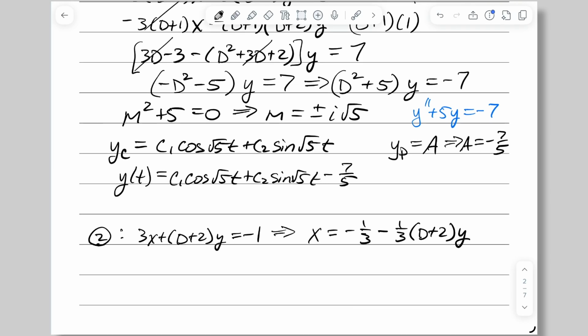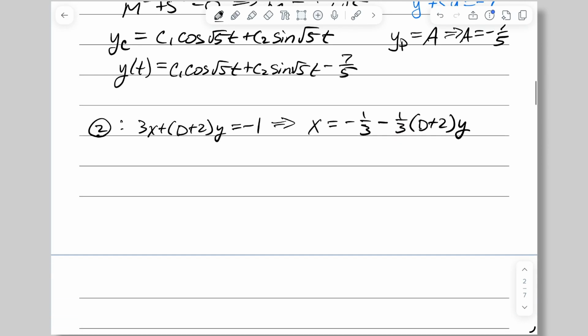We have what y is, and this -1/3 (D + 2) acting on y would be the derivative of y plus 2 times y, all multiplied by -1/3. This is going to be a little tedious, but -1/3 dy, so I'm going to differentiate y and at the same time multiply by -1/3, is equal to the square root of 5 over 3 c1 sine square root of 5t minus the square root of 5 over 3 c2 cosine square root of 5t.